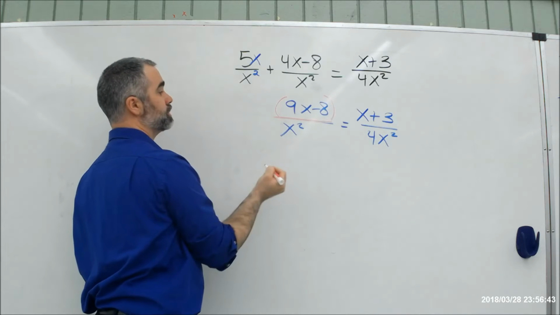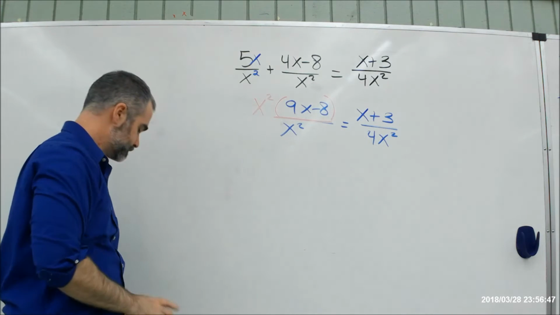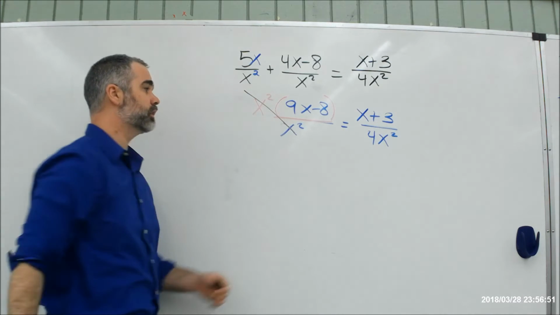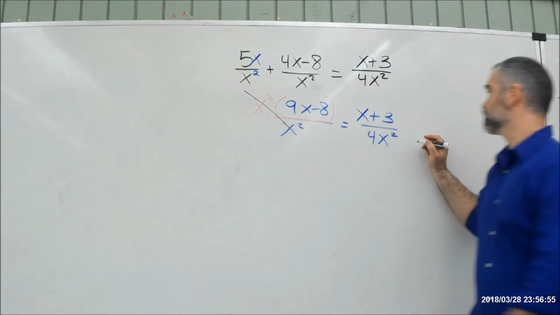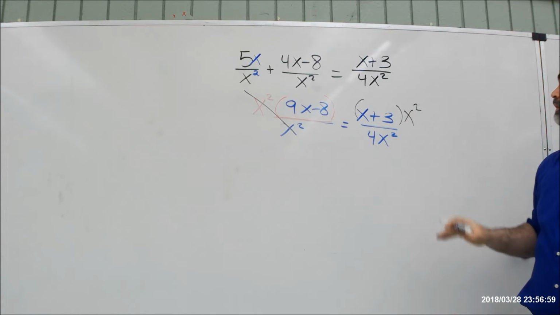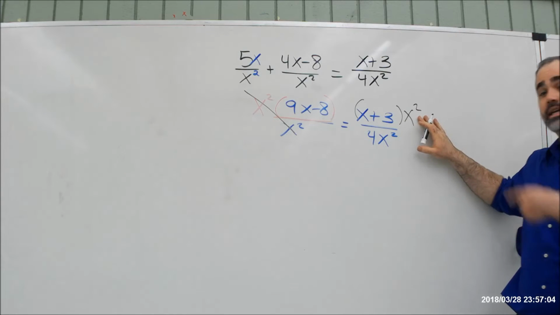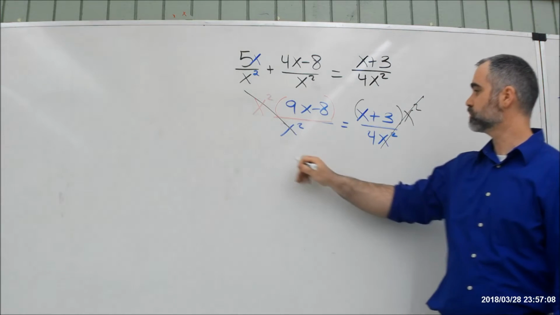Remember, this is all in parentheses, so I can multiply this side by x squared. And that makes a big one. It cancels out over here. And I have to do the same thing to the other side. So I'm going to multiply this side by x squared. Now in this problem, the really nice thing is these x squareds make another big 1. They cancel out, and you're left with some really nice problems here.